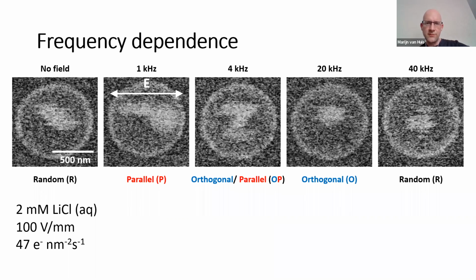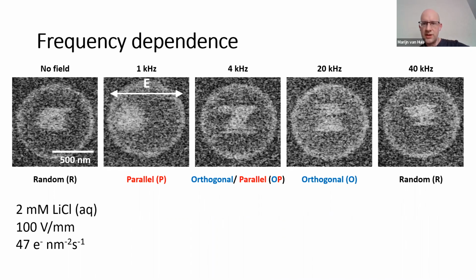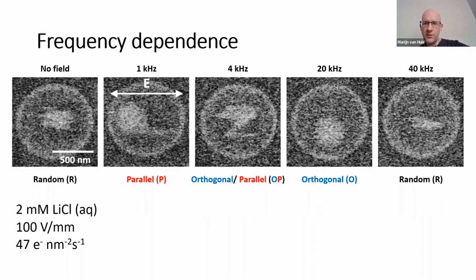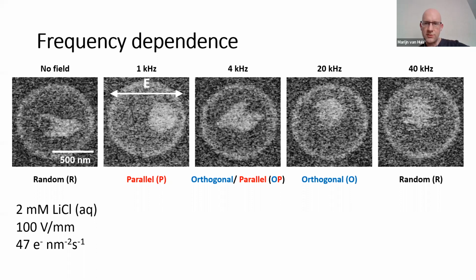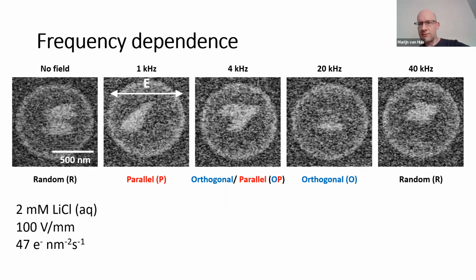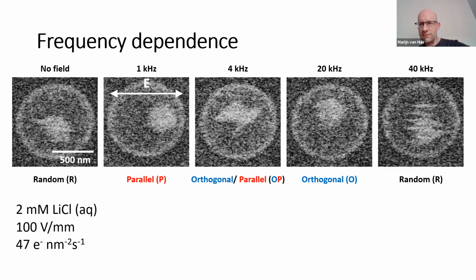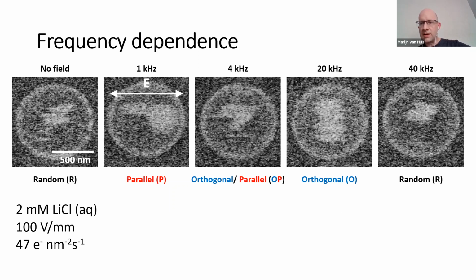That's at 4 kilohertz. When you move to even higher frequencies, 20 kilohertz, it starts to move only perpendicular to the electric field. So that's the orthogonal direction, as we call it. And if you go to very high electric fields, so very high frequencies, then it again becomes random.